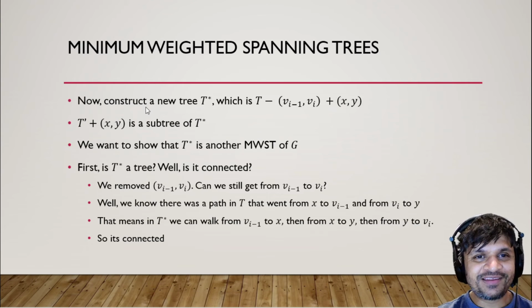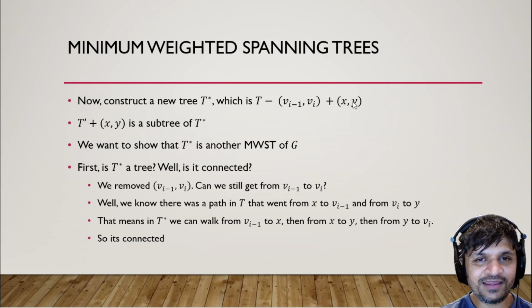Okay, so let's construct a new tree T star. What we're going to do with T star is say that it's T, the minimum weighted spanning tree that we had, but we're going to add in the edge xy. Remember, xy wasn't in T. And we're going to remove the edge v(i-1) vi.